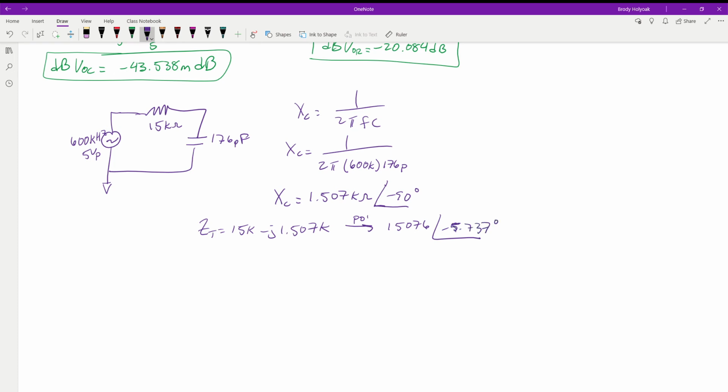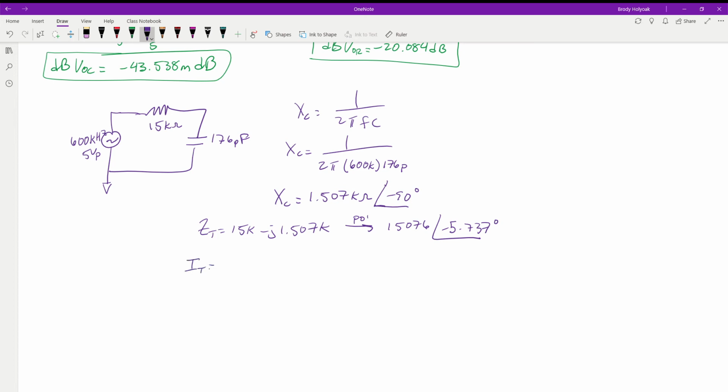Noting what we had before, when we went from 6,000 hertz to 600,000 hertz, we completely shifted to where this is starting to approach our zero value. That makes sense because our resistance value is now a lot larger than our capacitance value. As the frequency goes up, X of C gets smaller and smaller, which means it has less and less effect on our entire circuit, which we can see by the phase angle of the impedance.